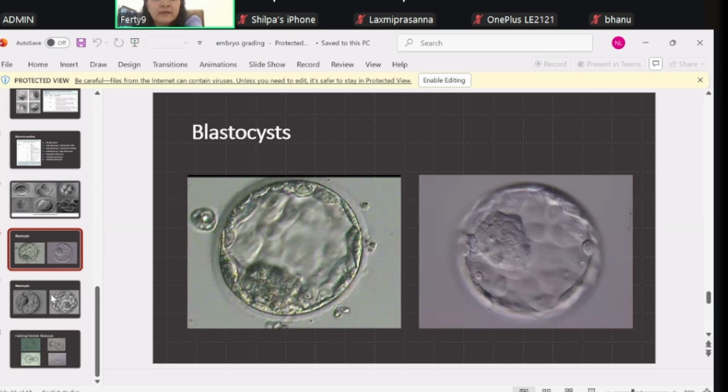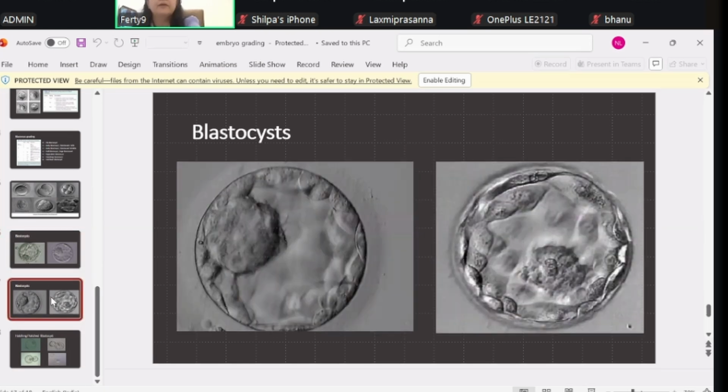So in this day 5 stage of blastocyst, the ideal outcome, whether it has to go to embryo transfer or freezing, depends on the patient endometrium. Suppose you are planning to do a frozen embryo transfer, then today's fresh blasts which are formed after the OPU, we will be doing the cryopreservation. So how we do cryopreservation: there is a specialized media where cryoprotectants are added.